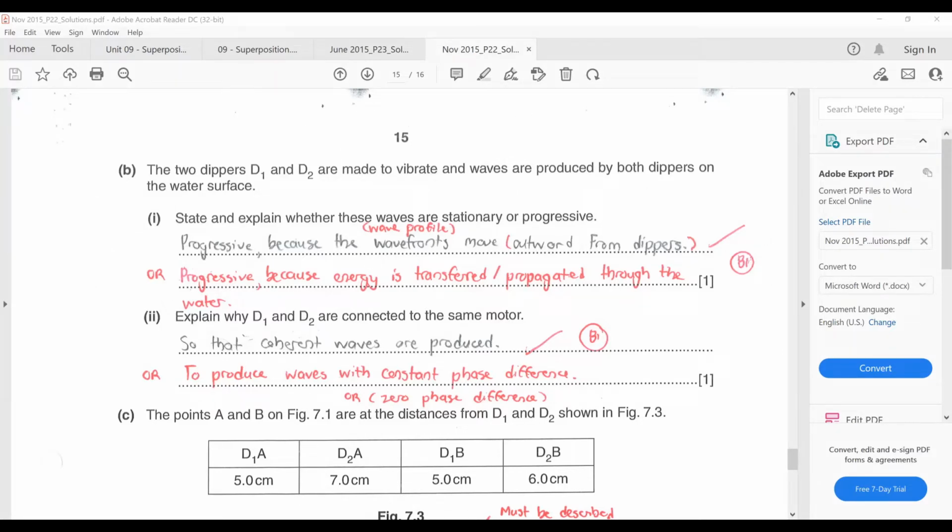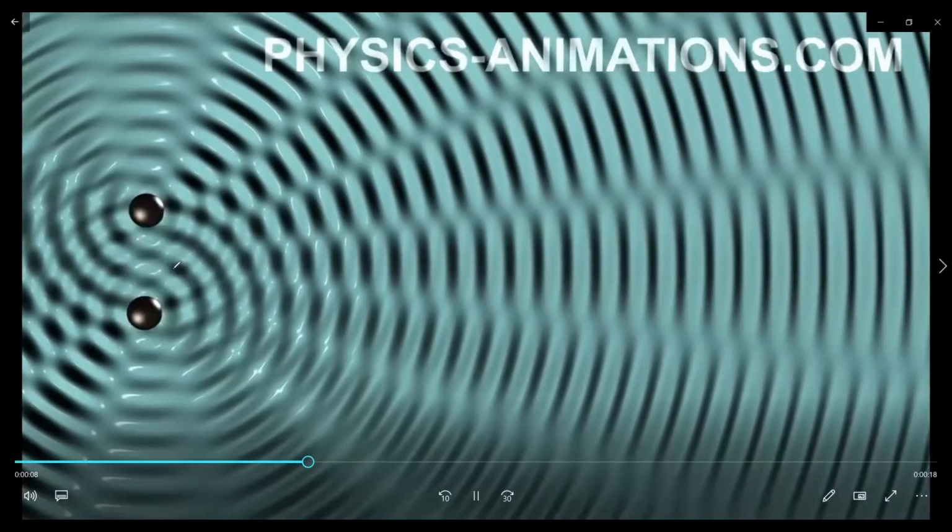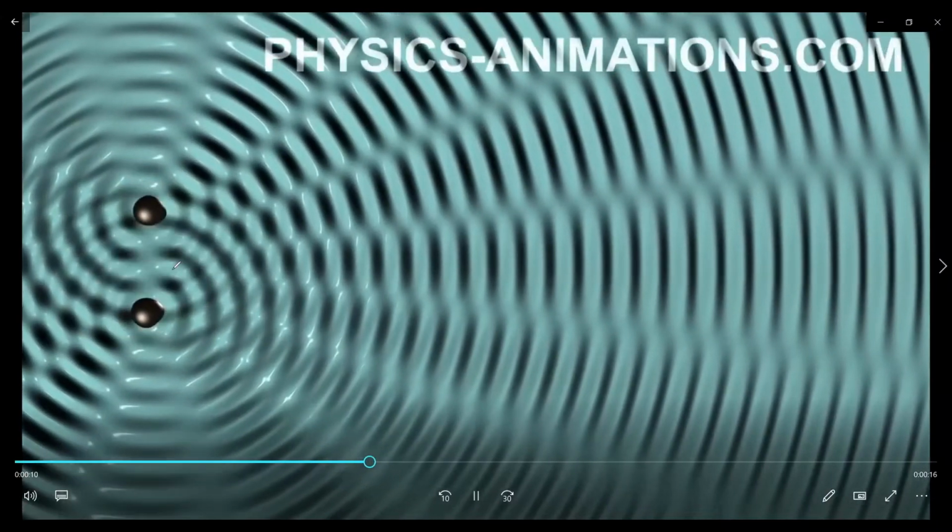The other video I need to show you is the interference pattern formed by ripple tank. Now let me open up that little part. Okay, ripple tank. You should be able to see this. Okay, so this is the interference pattern formed by your ripple tank.